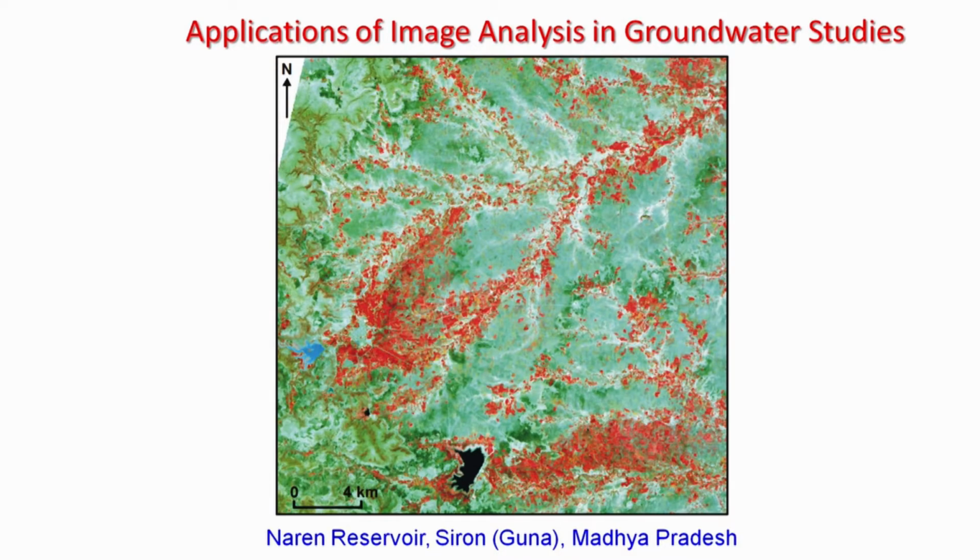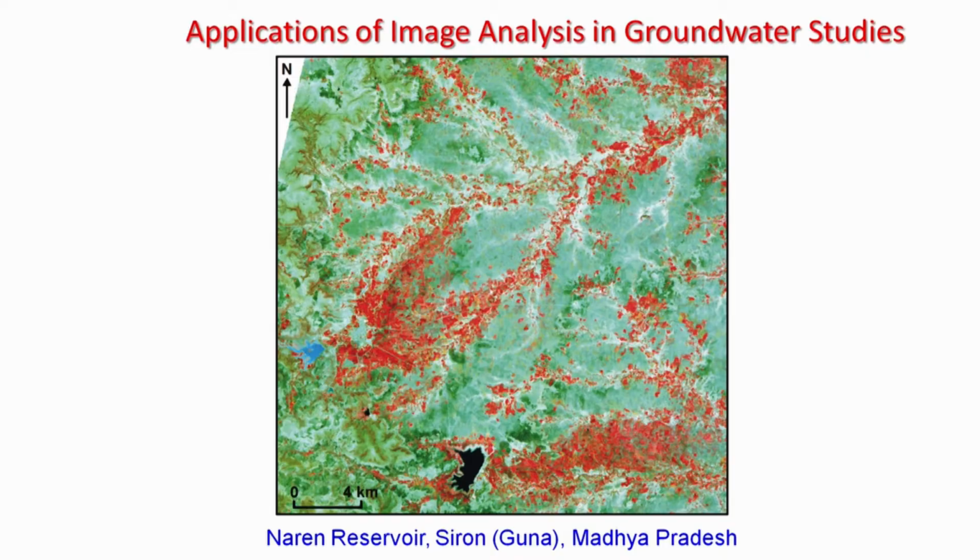If you see the influence of this small reservoir, or the benefit area of this reservoir, it is relatively larger, though the size of the reservoir is small. But the other reservoir is relatively larger, and its benefit area is smaller as compared to this small reservoir.